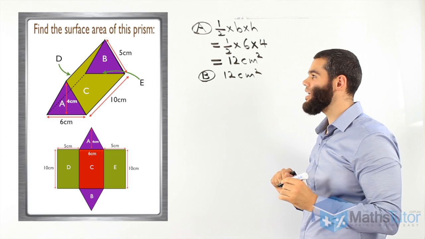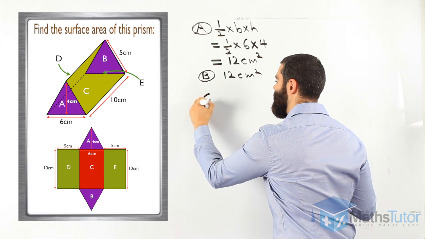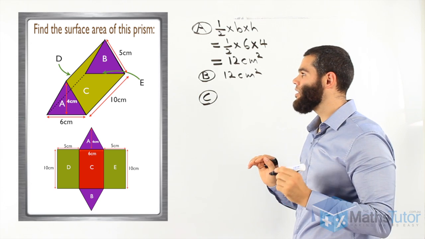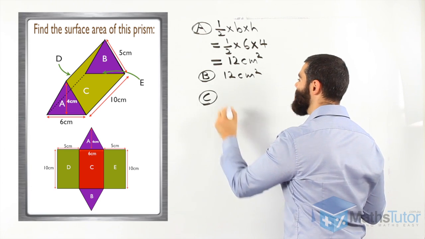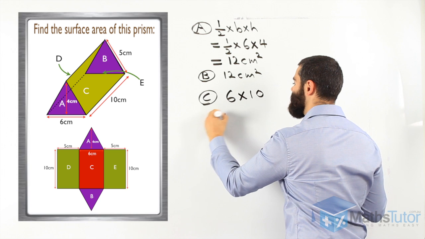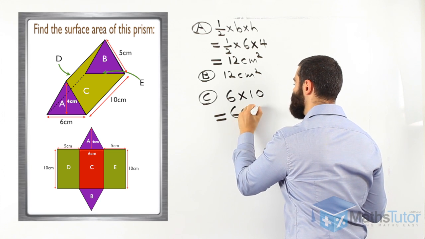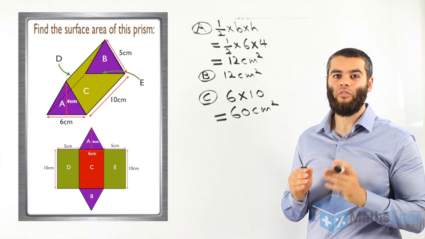Now, what's next? We're going to work out the area of C, and C is the base. It is marked in red there for us, and we know it's going to be a rectangle, 6 times 10. 6 times 10, 60 square centimeters. That's the area of the base.